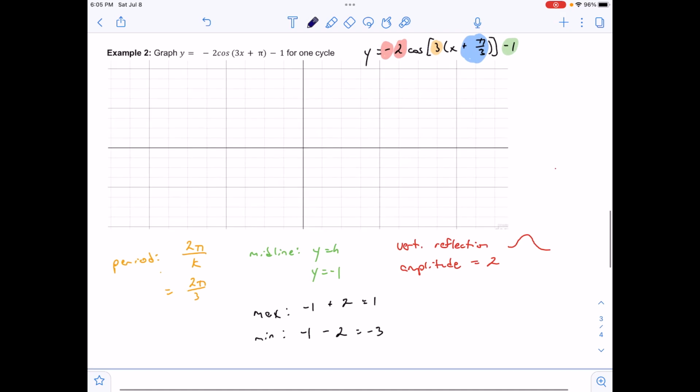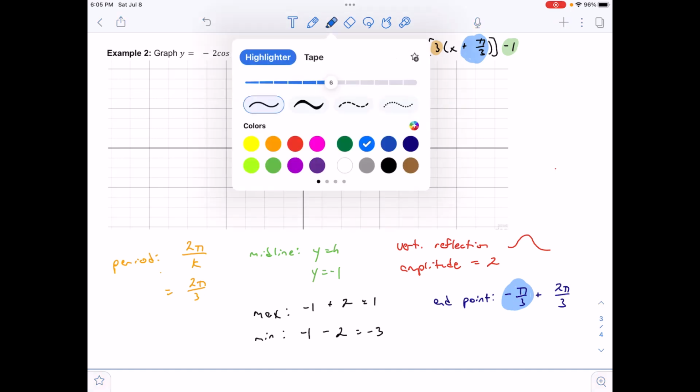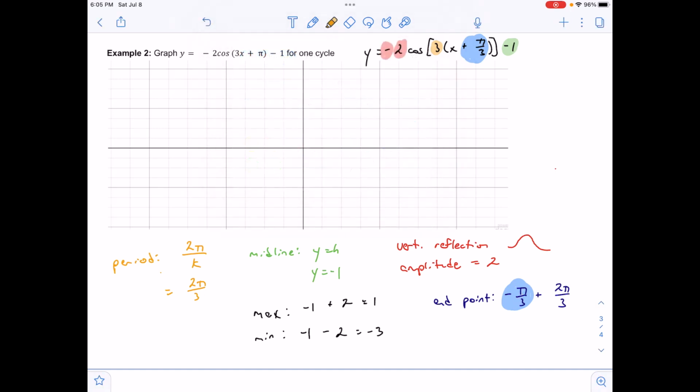I'm just going to write that down here. Our endpoint: start at -π/3, add 2π/3. -π/3 comes from that shift, and I add the period, which is 2π/3, to figure out where we're going to end. Our endpoint is +π/3.